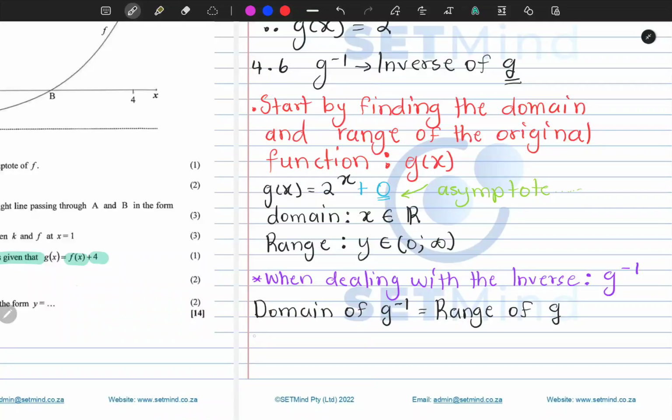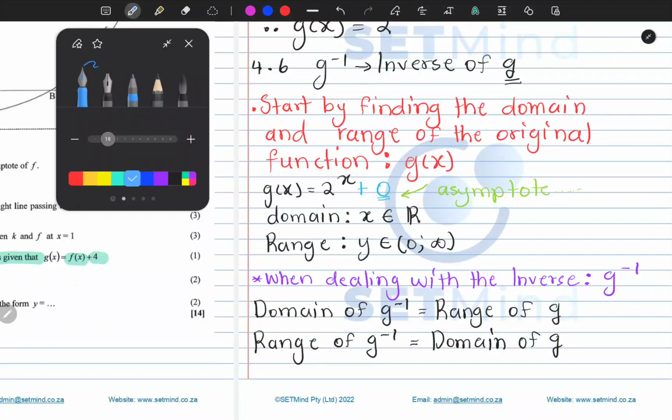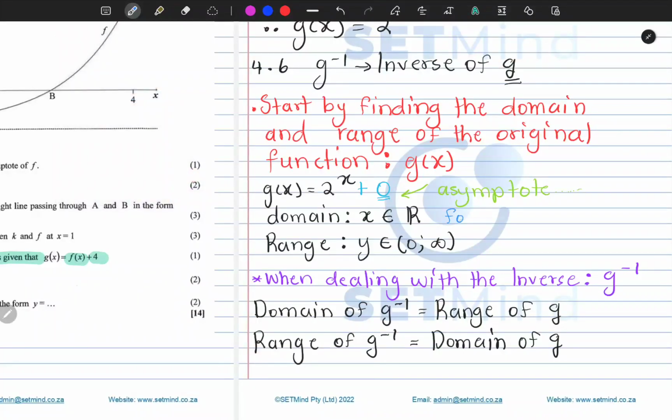And then the range of the inverse, which is g negative 1, is actually equal to the domain of the original function g. So remember that what we wrote above here, these are for g, the original function.